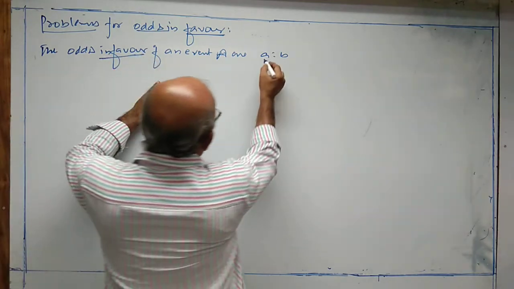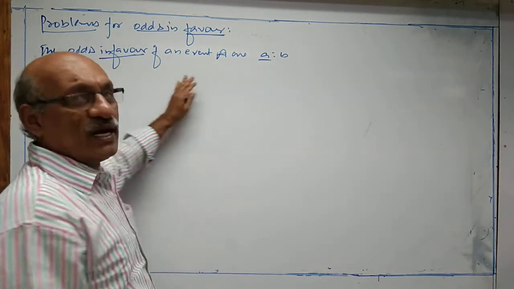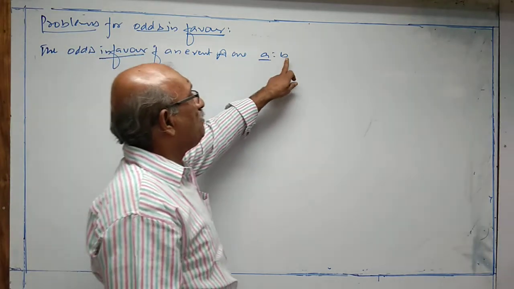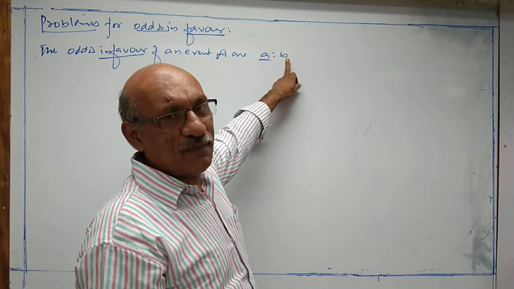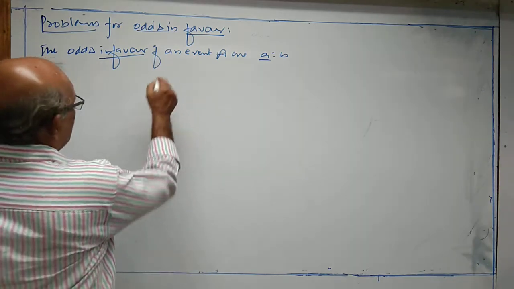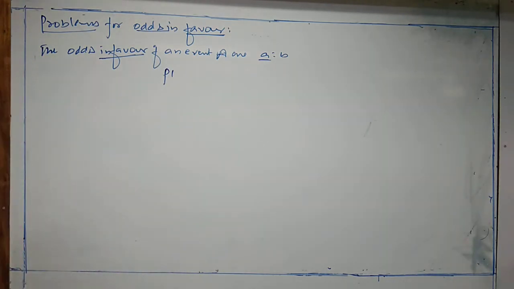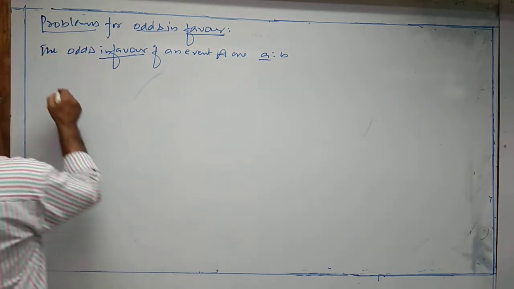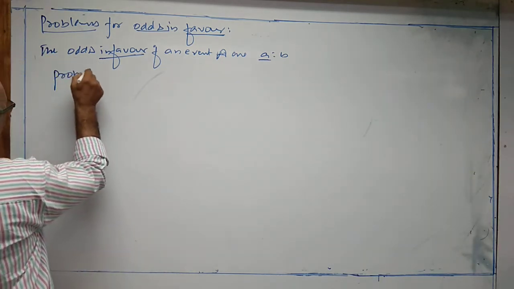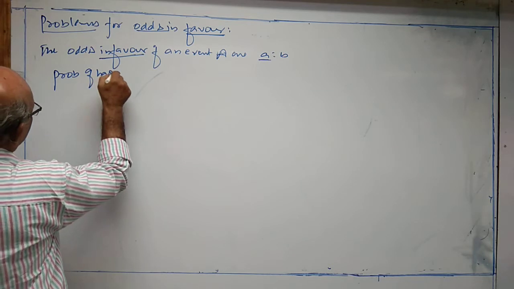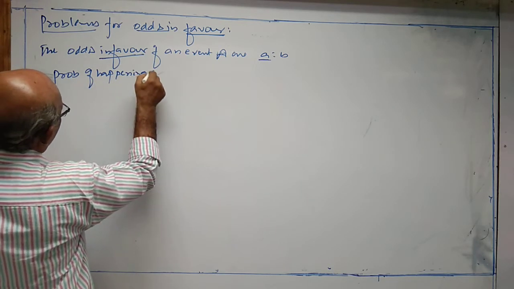In favor, A cases are supporting the happening of an event. B cases are not supporting the happening of an event. Then how can we write the probability of happening of an event?